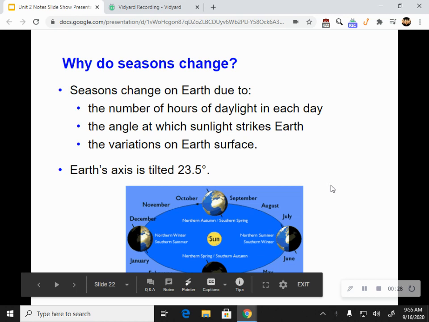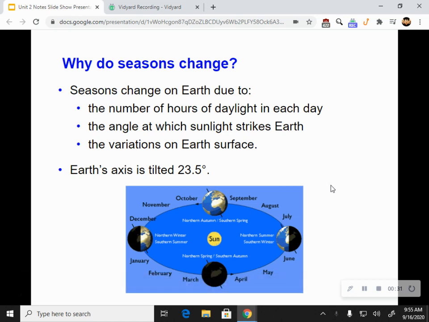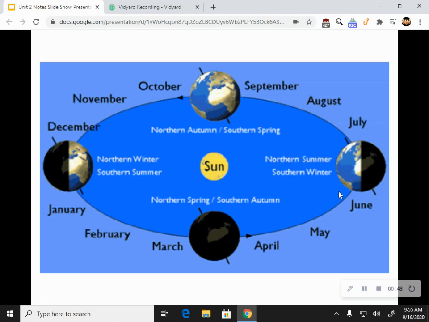So remember, the Earth is tilted at 23.5 degrees on its axis. So we are coming with different angles towards the sun. For instance, when we are in our northern hemisphere, we are coming into contact with more sun than the southern hemisphere, creating our opposite of winter and summer.